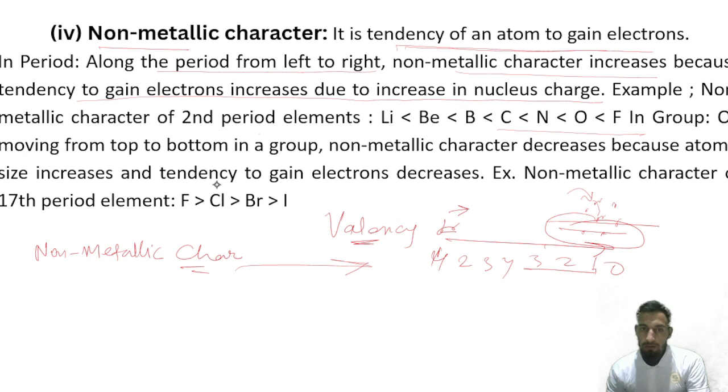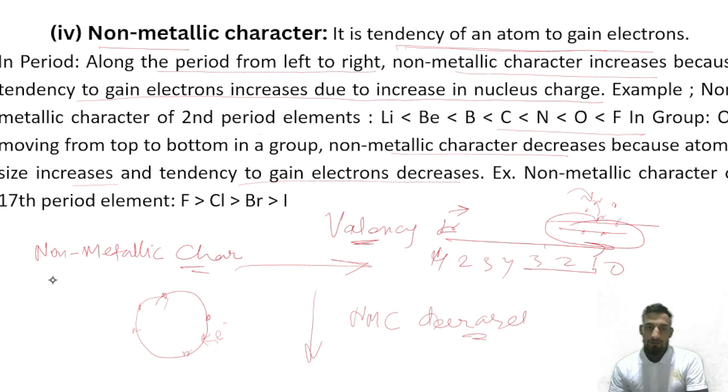On moving down the group from top to bottom, non-metallic character decreases. Why? Because atomic size increases and tendency to gain electrons decreases. अब जब साइज बड़ा हो गया, आउटर इलेक्ट्रॉन्स जो अपने ही थे उन पे न्यूक्लियस का इतना इन्फ्लुएंस नहीं रहता तो जो बाहर से इलेक्ट्रॉन आएगा उस पे तो होगा ही नहीं इन्फ्लुएंस. तो इसीलिए हम कहते हैं कि on moving down the group non-metallic character decreases. जितना जितना हम down the group जाएंगे उतना नॉन मेटैलिक कैरेक्टर डिक्रीज होता चला जाएगा.